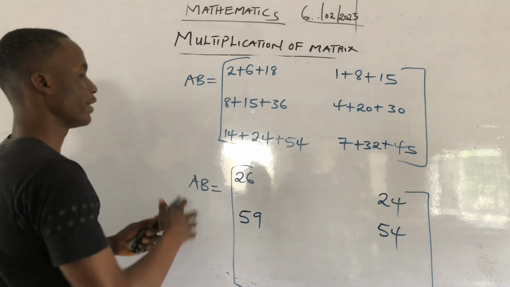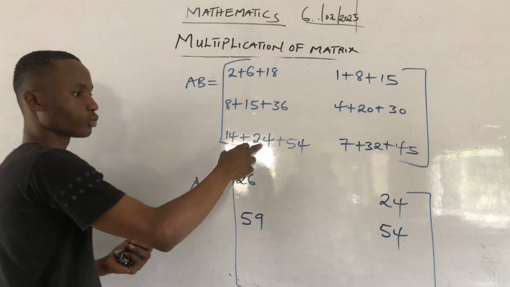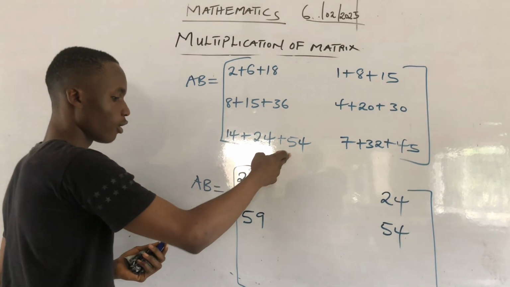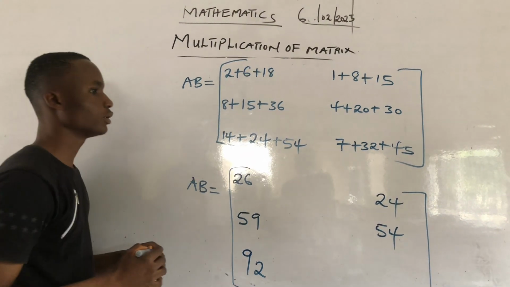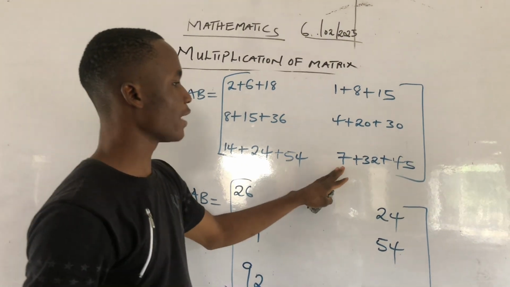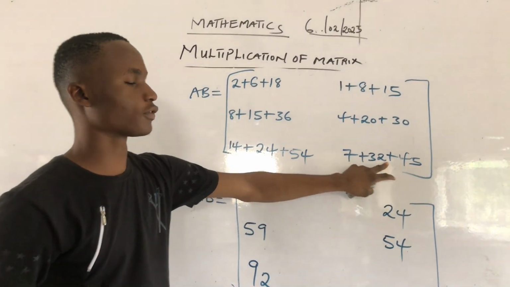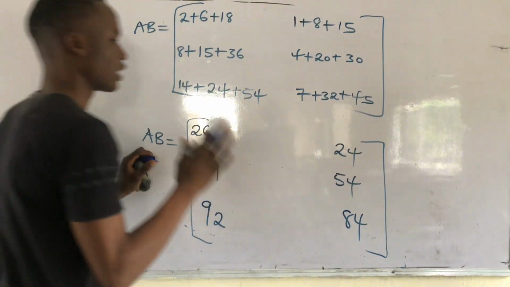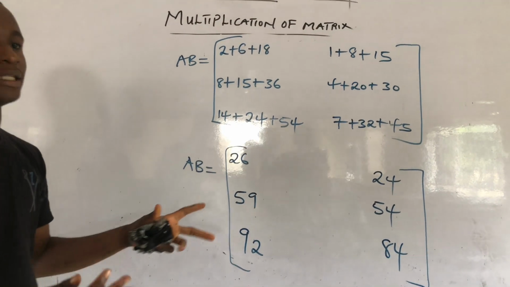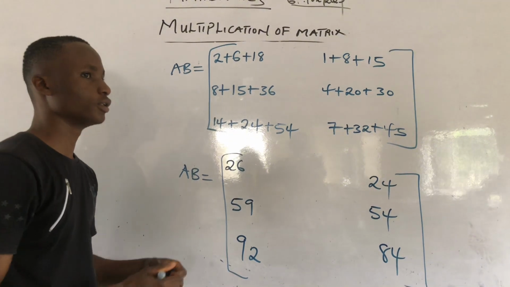Then over here we have 14 plus 24 plus 54, and we're going to have 92. Okay, so over here we have 7 plus 32 plus 45, and we're going to have 84, and this becomes our answer when we multiply the matrix of A and B together.